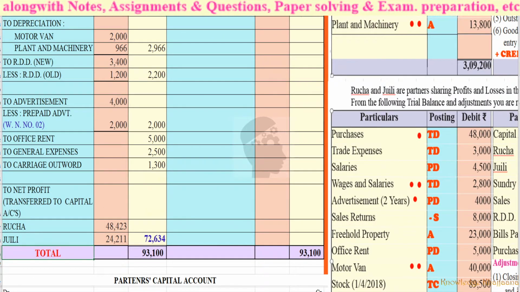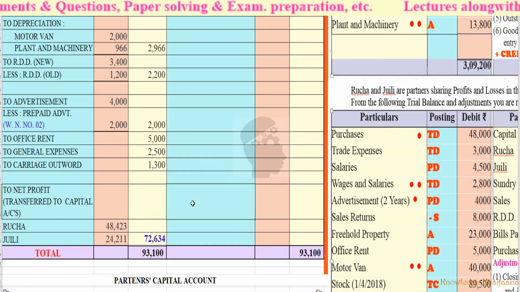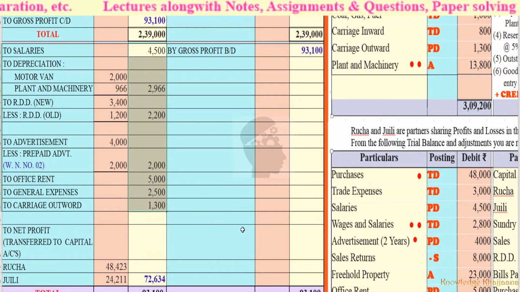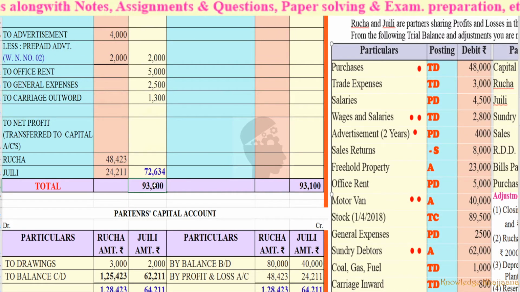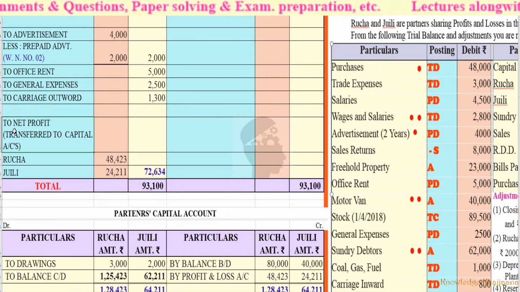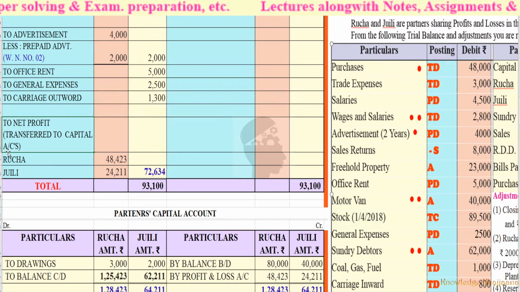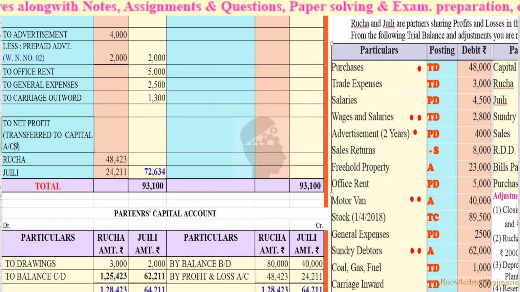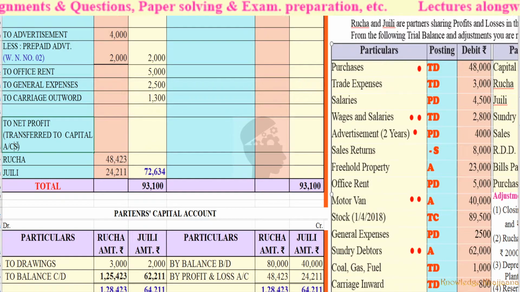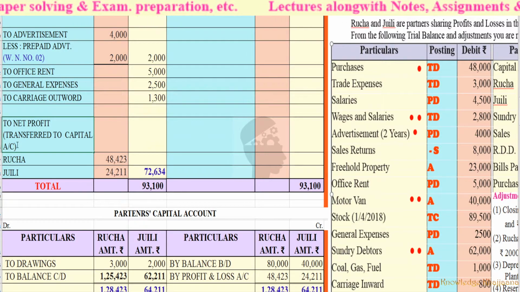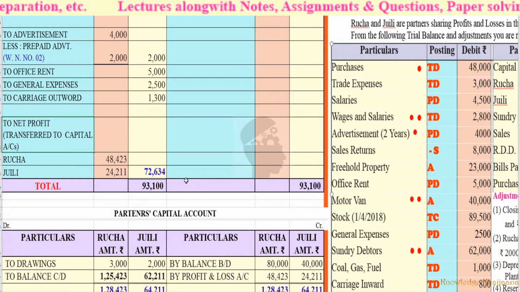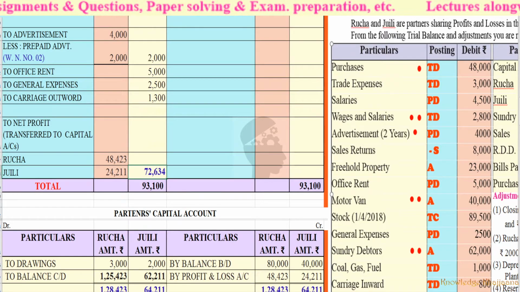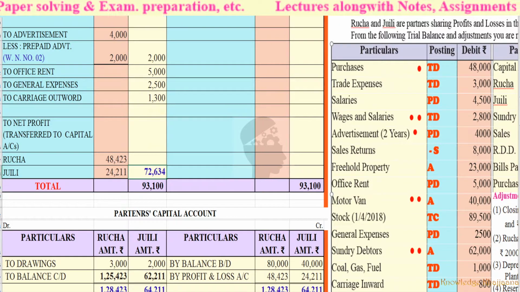Then we calculate the total of these amounts and deduct that amount from 93,100. So we will get the net profit. The net profit transferred to capital accounts of Rucha and Julie. The difference was 72,634.